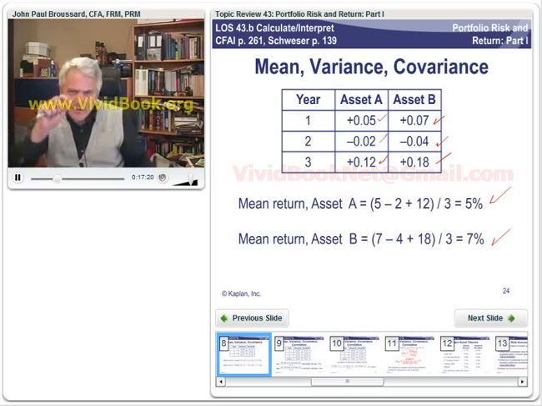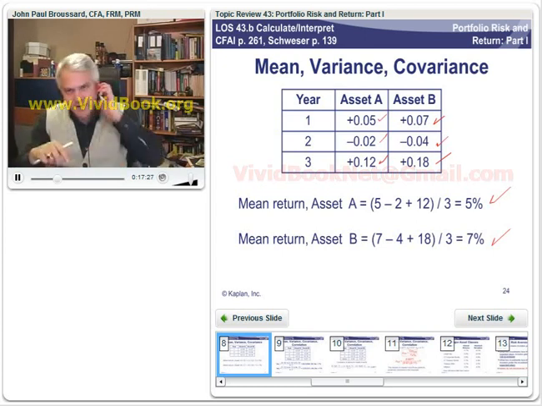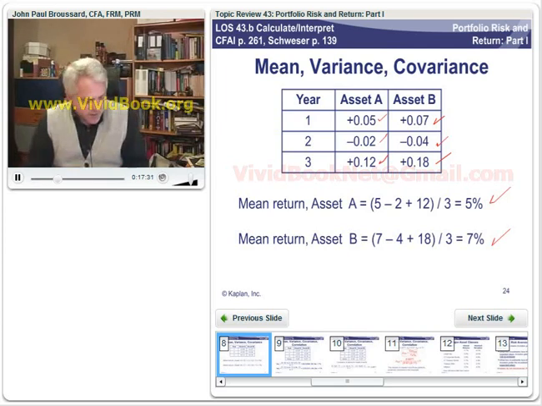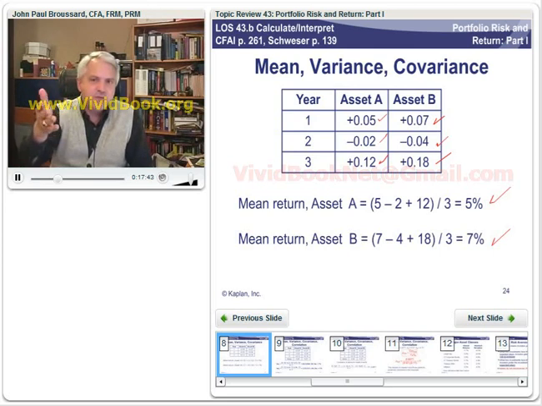I just want to give an indication that you have to be a little careful. Sometimes some people are particular about this: you have to be careful whenever you're doing these calculations to either stay in decimals or stay in percentages.